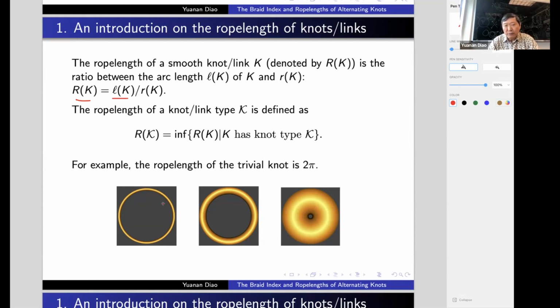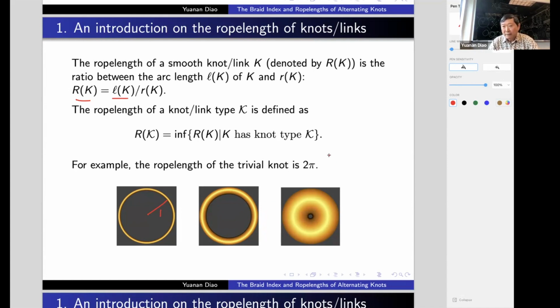So for example, if you think of the trivial knot, which is this knot here, think of this as a unit circle with a radius of 1. You can start to expand it, make it thicker and thicker. You can see that at the limit, this tube has a limit thickness of exactly 1 for the trivial knot.